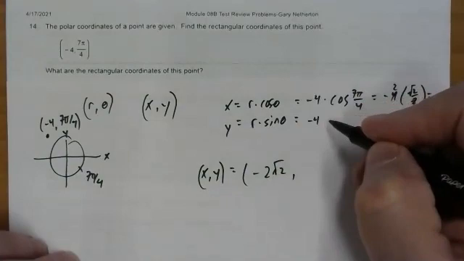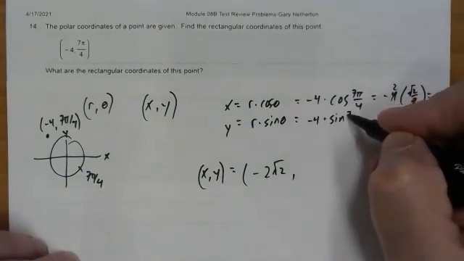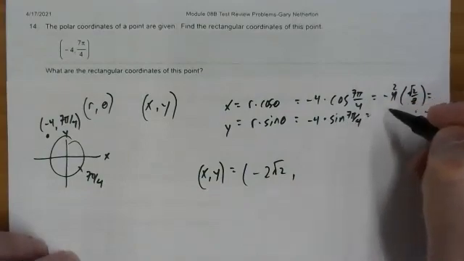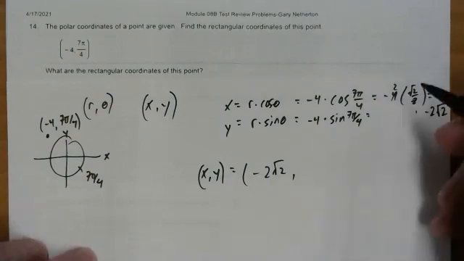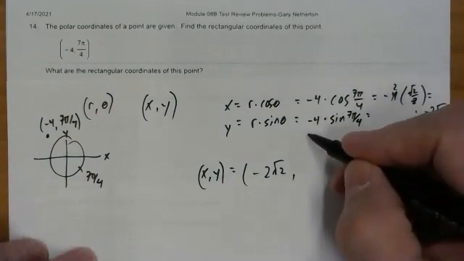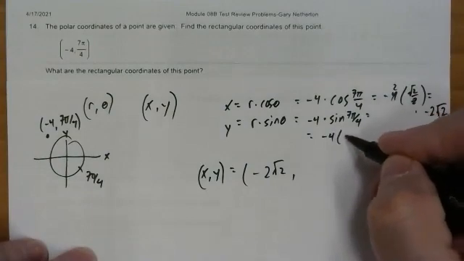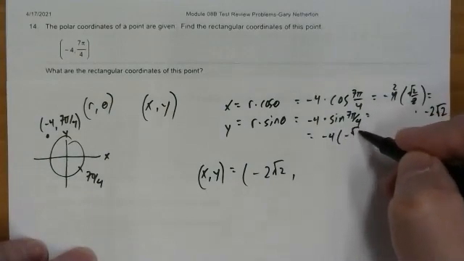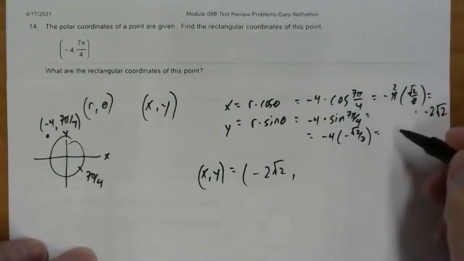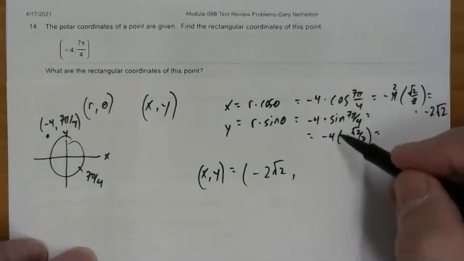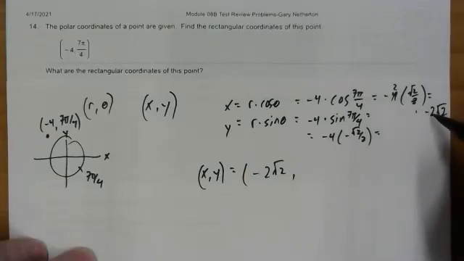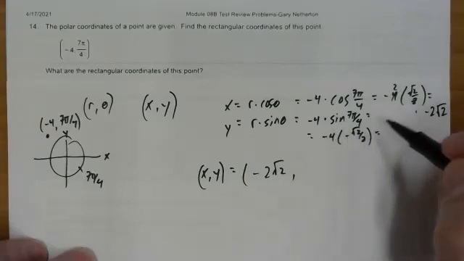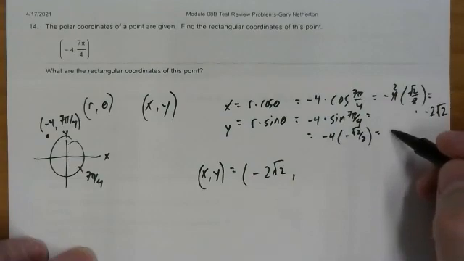So negative 4 times the sine of 7 pi over 4. The sine of 7 pi over 4 is a negative square root of 2 over 2. So for this one, we have negative 4 times negative square root of 2 over 2. It turns out this is the same as x. The math is the same, except this one's negative, but these two negatives make a positive.